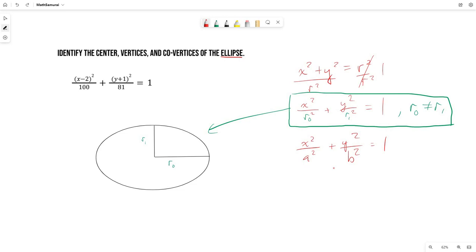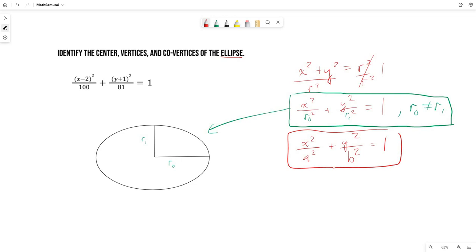I could make this x squared over tarantula squared plus y squared over your aunt's mother's nephew's whatever squared. It's not important. They're just names, placeholders. As long as we're being consistent with how we're using them, we're fine. So use this, that's fine. This is also the standard form. They both work.